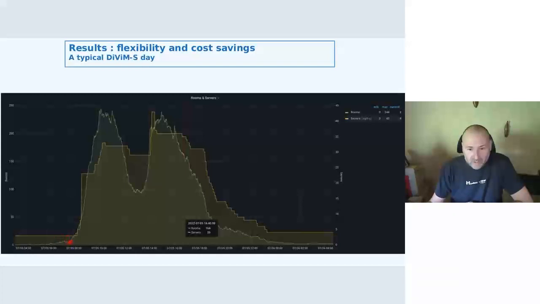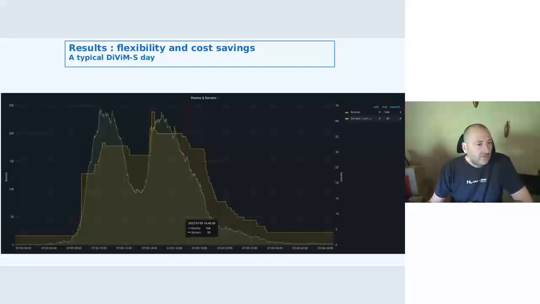By 8 AM, you see that the green line goes up, and DiViM-S reacts by launching new servers. At 8:30 here, the schedule calls for 15% of the available servers to be launched, and DiViM-S launches the servers to reach this mark here, 23. We have 23 servers ready to support all the conferences at 9 AM.